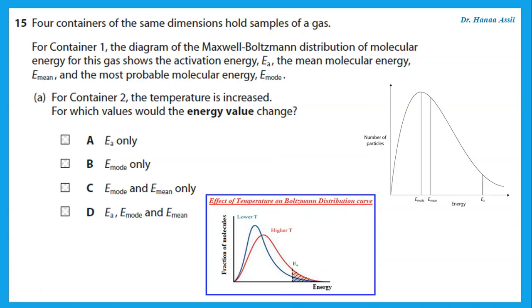So which of these lines or which of these energies will change? Remember that activation energy does not change if you increase the temperature, but the other energies that he's talking about, which is the mean and the most probable and so on, these would change because the curve has shifted to the right.